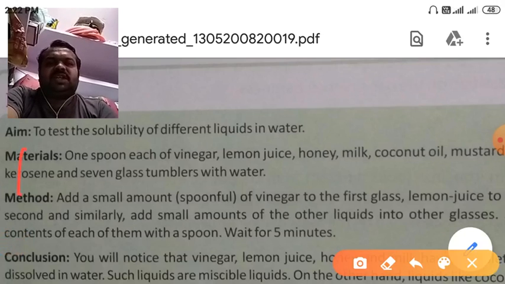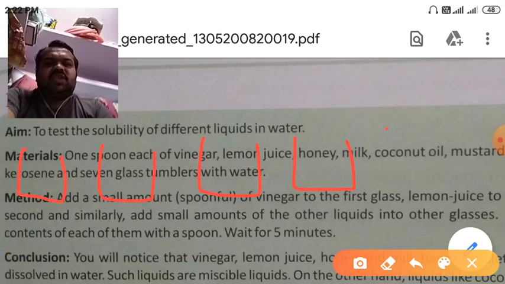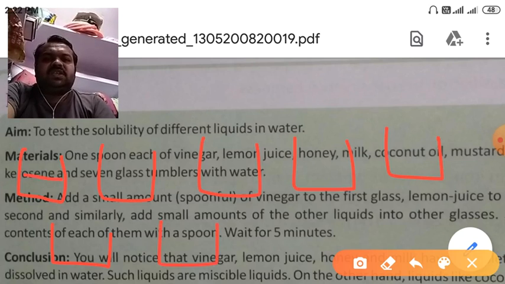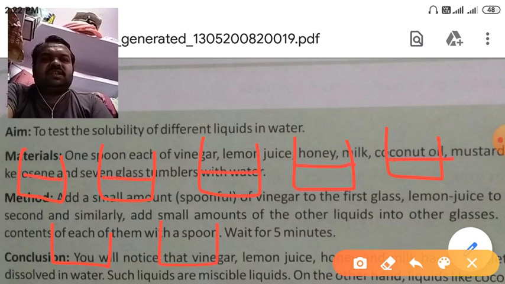You have to take 7 glasses, and in each glass you will put a different thing.